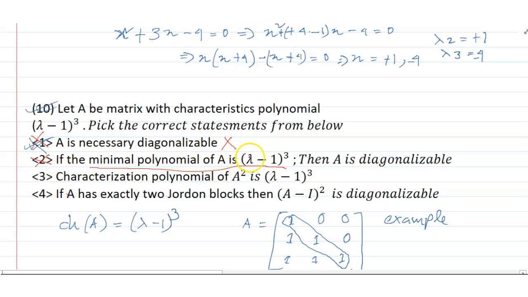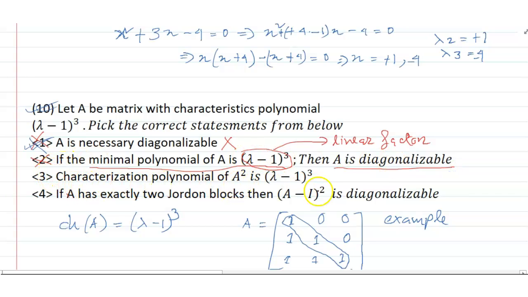This is also wrong because (lambda minus 1) whole cube is not a linear factor. We need the minimal polynomial to be a product of linear factors. So A is not diagonalizable. This portion is wrong. Number 3.